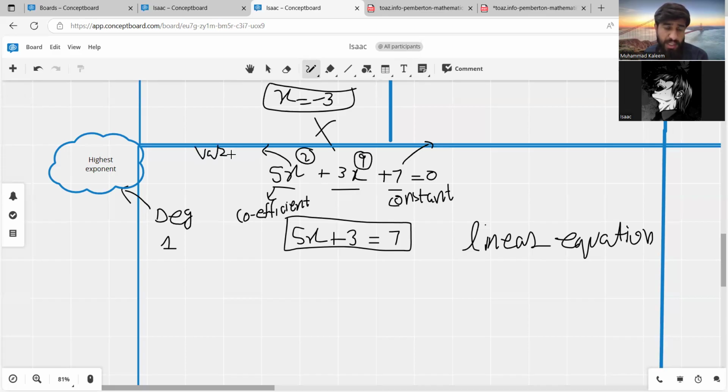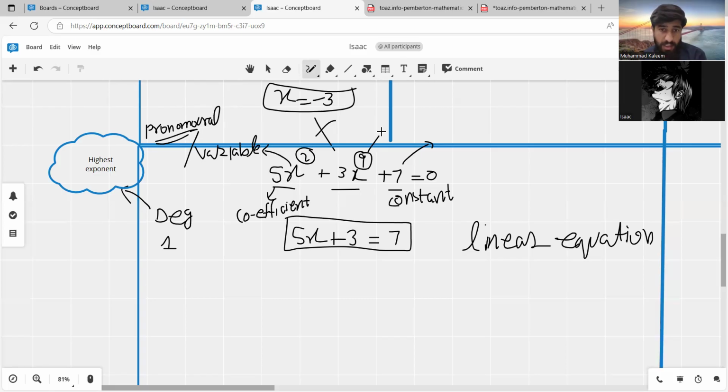Sometimes it's known as a pronumeral, variable, unknown. These are the names for this alphabet. Unknown means we don't know the value of this one.